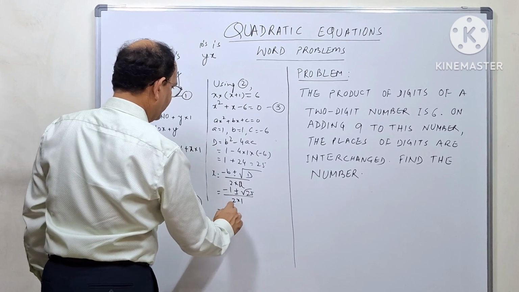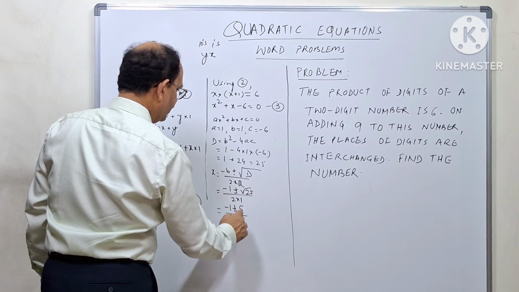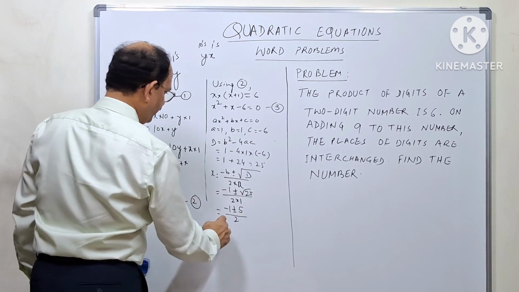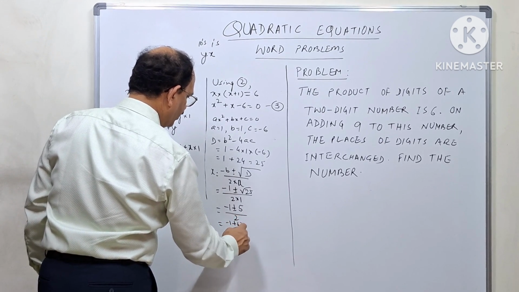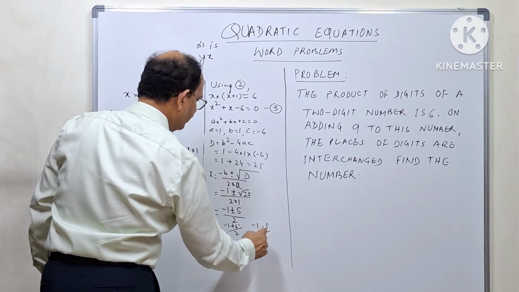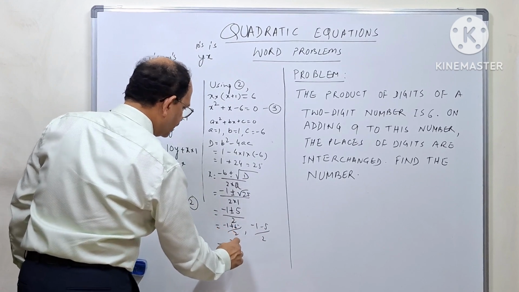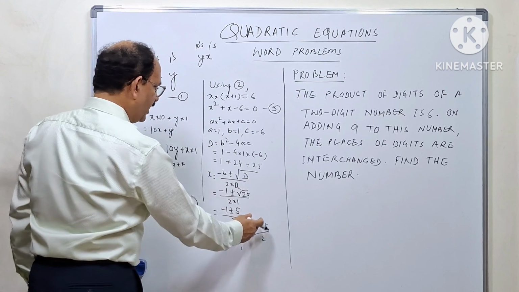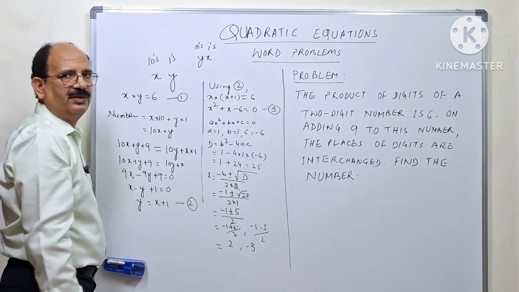And therefore we can write minus 1 plus minus 5 divided by 2. So x can be either minus 1 plus 5 by 2, or minus 1 minus 5 by 2, which leads to 4 divided by 2, which is equal to 2, or minus 6 divided by 2, which is equal to minus 3.